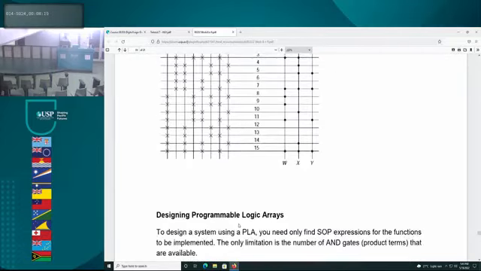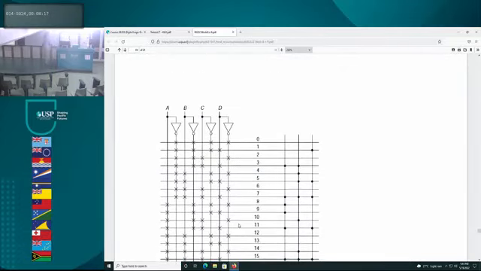Now, from Monday, from next week, from week 9, we will change gears. We will move into another phase of the course. Up till now, you were looking at something known as combinational logic. Combinational logic means you flip the switches and the outputs change. Now, from week 9 all the way till week 13, and that's where your project will come from, we will be looking at something known as sequential logic.